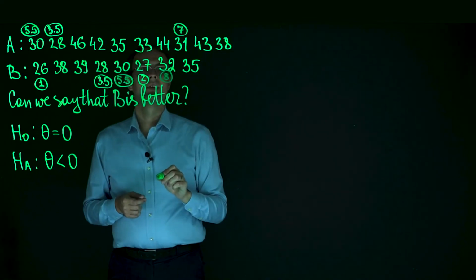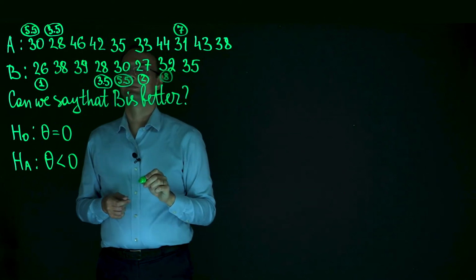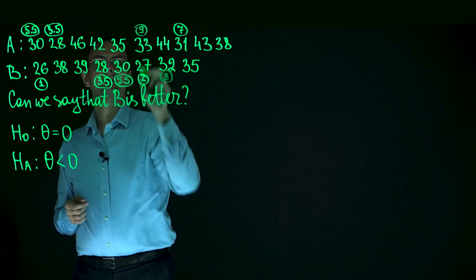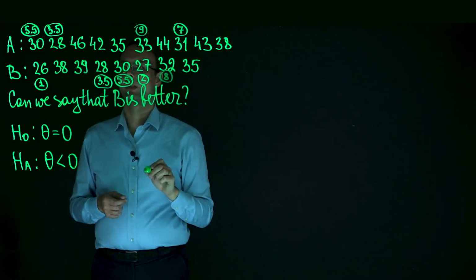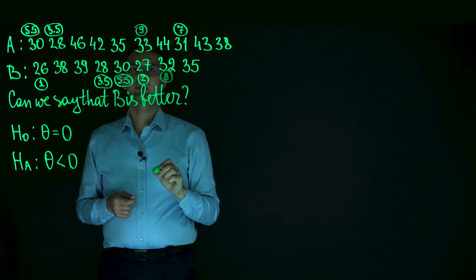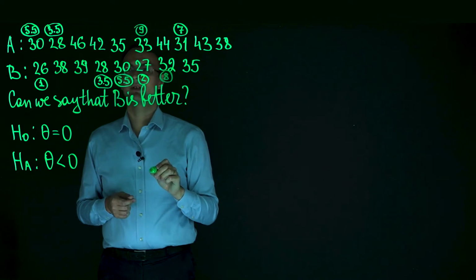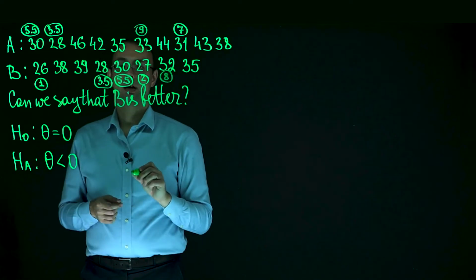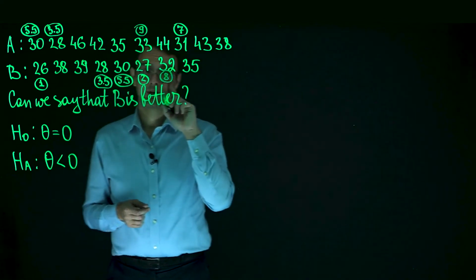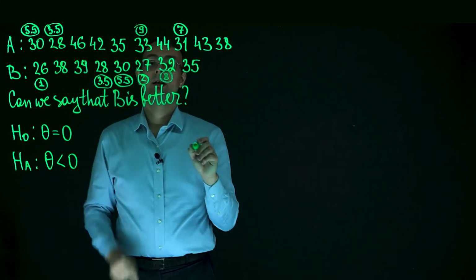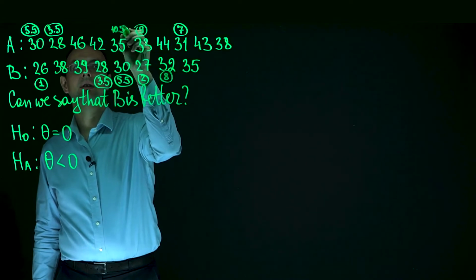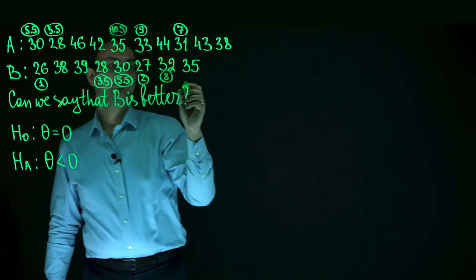Then 33, 9. 34, we don't have 34, but we have 35 twice. So ranks are 10.5, as they share the 10th and the 11th places.